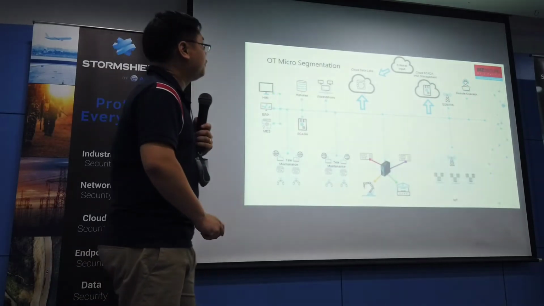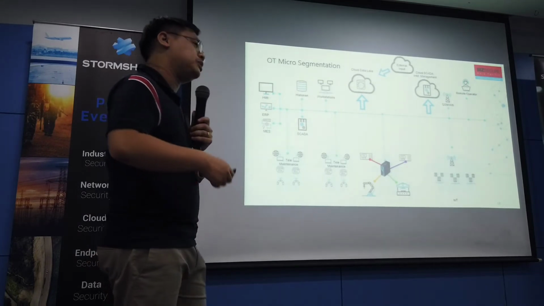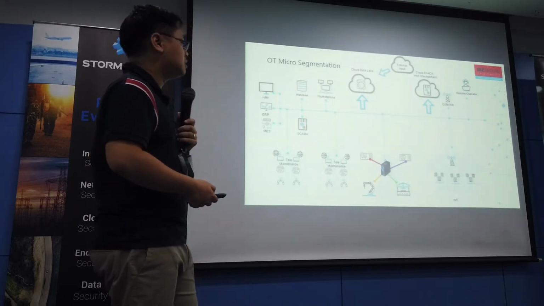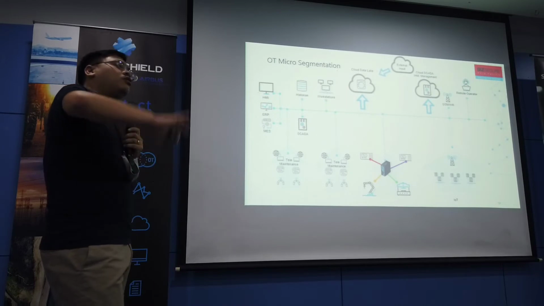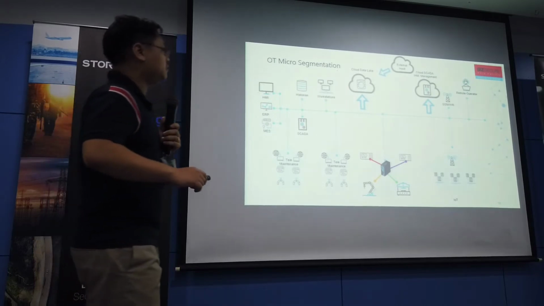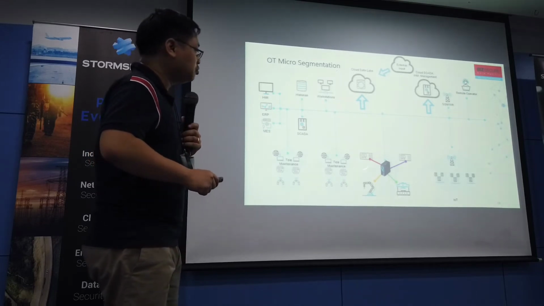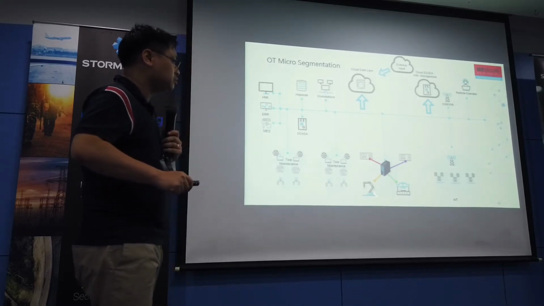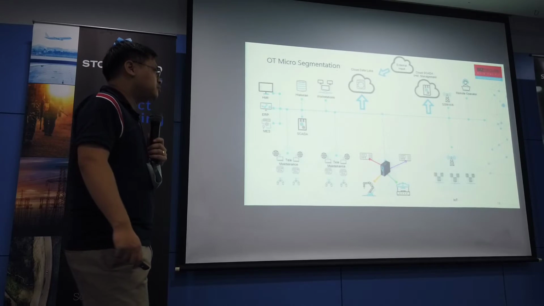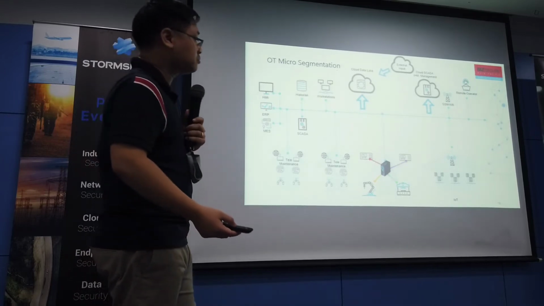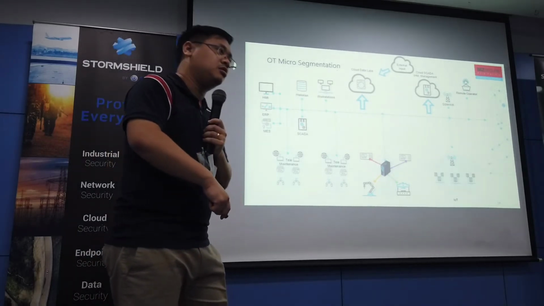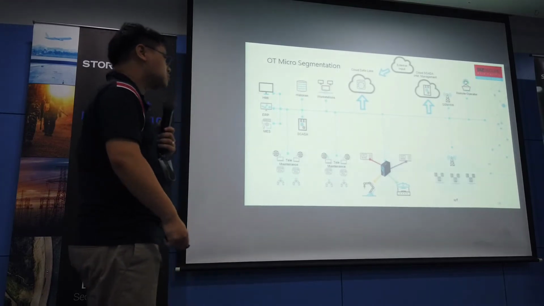Exactly the same thing for the OT, what we call OT micro-segmentation. It goes even further than just, for example, protecting a group of devices. We can even individually protect the different items in an OT environment: PLCs, sensors, robots.